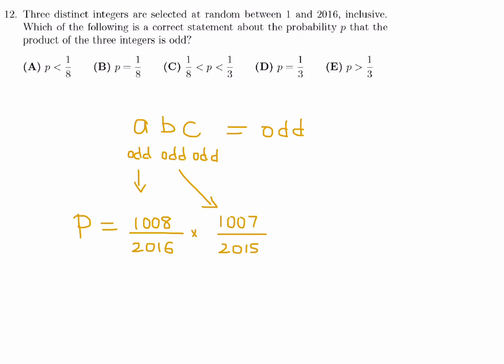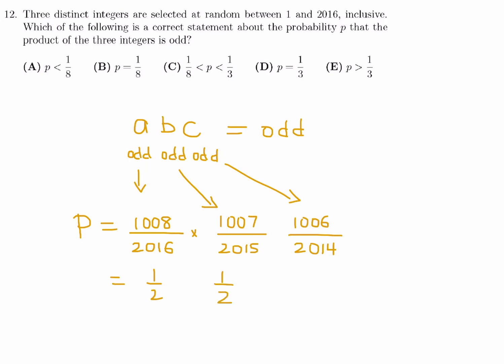Okay, and then now by the same principle we talk about C, and again A and B are already gone, so now we're down to 2014 numbers. We already chose 2 odd numbers of the 1008 odd numbers, so there's only 1006 odd numbers left, and that's the probability. This 1008 over 2016 is exactly a half, but 1007 over 2015 is slightly less than a half.